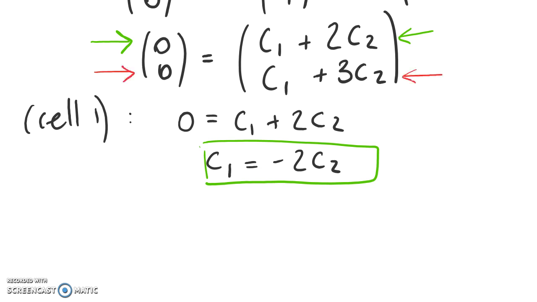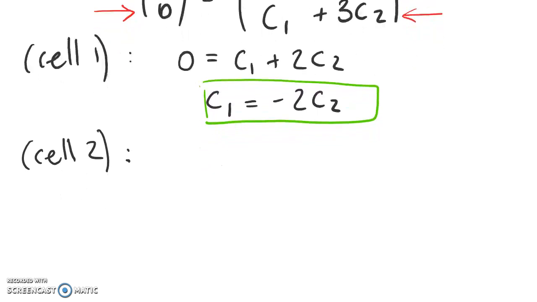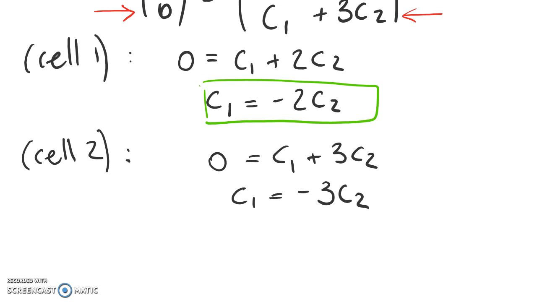For cell 2, let's work out what needs to be true to get that 0. Here we have 0 equals C1 plus 3C2. We'll rearrange and we get C1 equals minus 3C2. And there we're done.